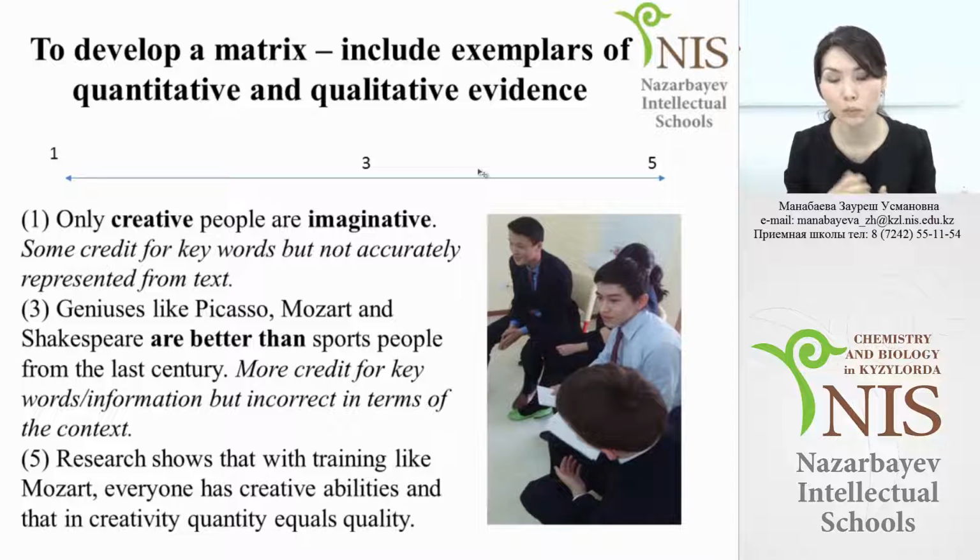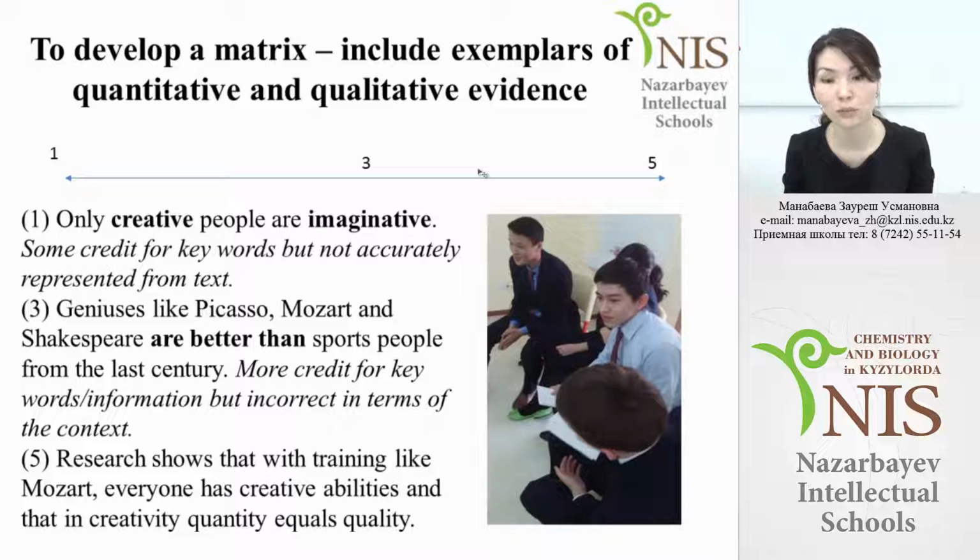Point 3 is given, the example for point 3 is: geniuses like Picasso, Mozart and Shakespeare are better than sports people from the last century. According to the matrix, it says more credit for keywords and information, but incorrect in terms of the context again.